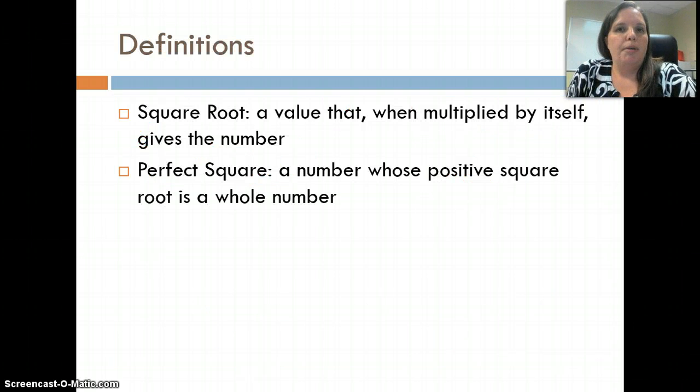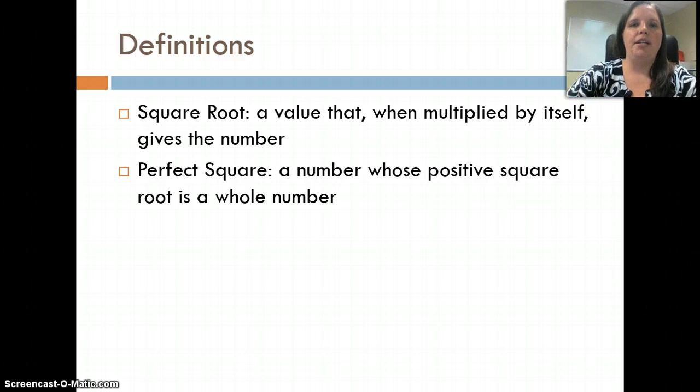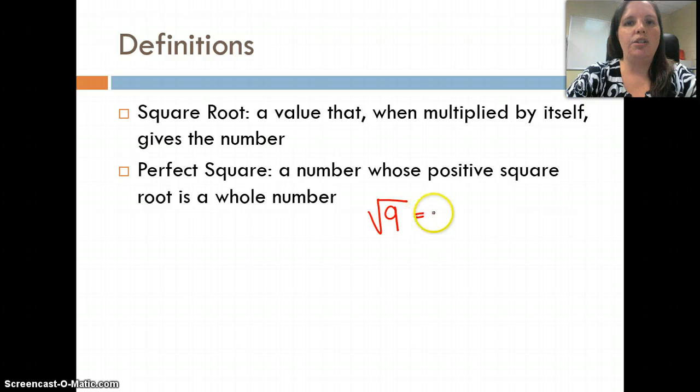To go into a little bit about roots, reviewing roots, when we look at a square root as an operation, we're looking for a value that when you multiply it by itself gives the number. A lot of people mistake square roots with dividing a number in half. But the square root of 9, you know this, is 3.